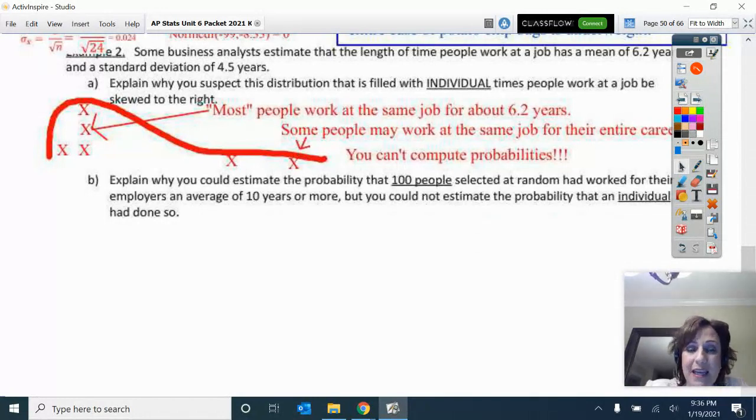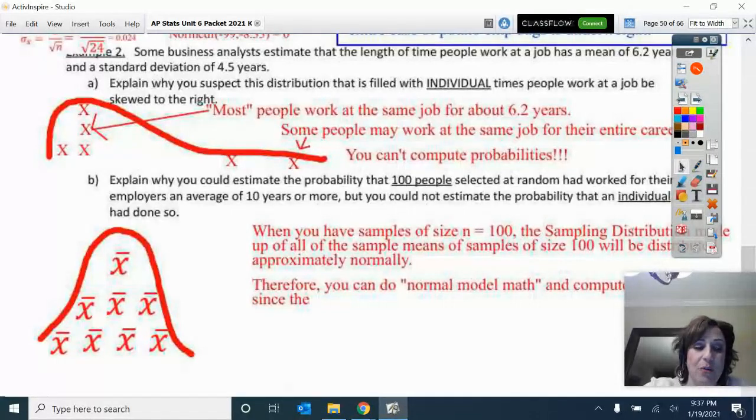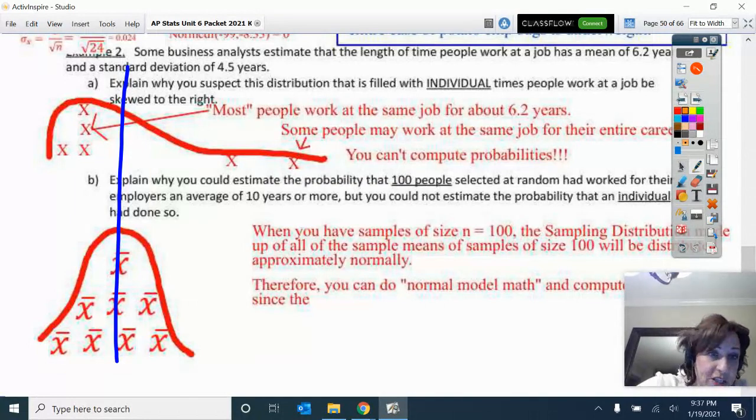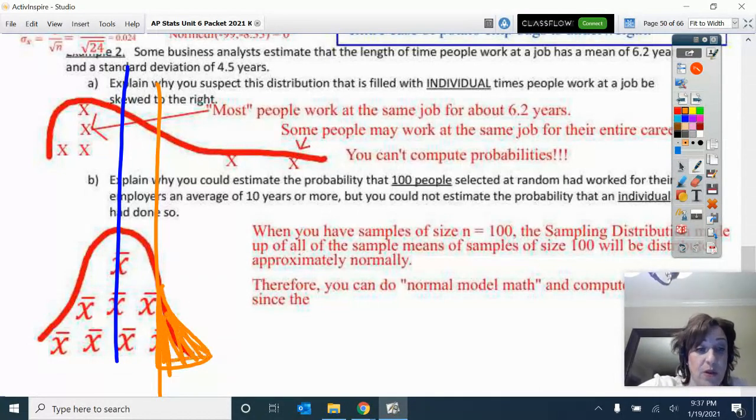But once we get the shape of the normal model with these X bars, it's going to be centered at 6.2 still. However, the shape is fixed. And now I can say, here's that 10-year mark. What's the probability that an average of 100 people will have stayed at their job more than 10 years?